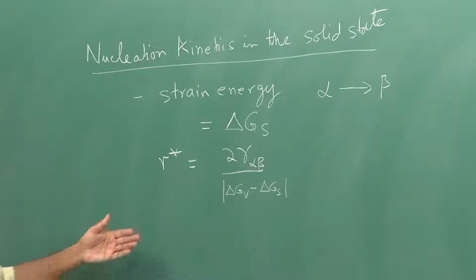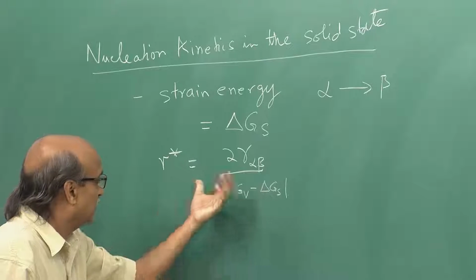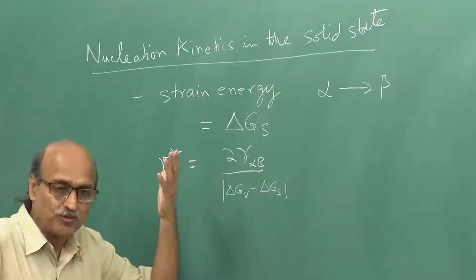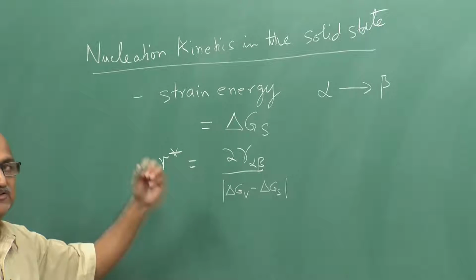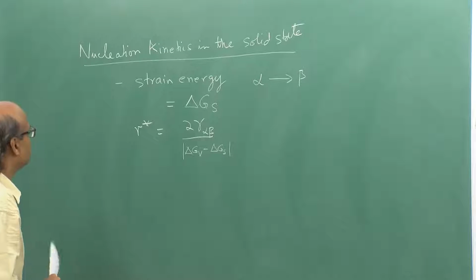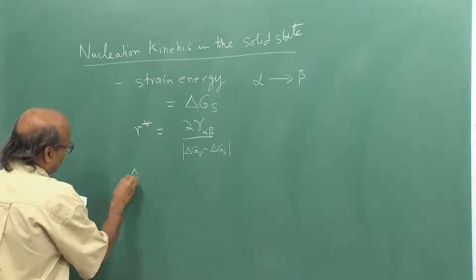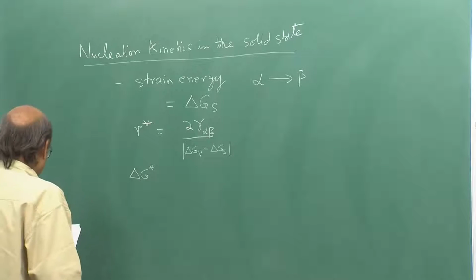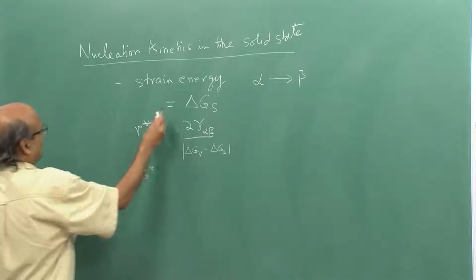So, here it is clear that the critical size when a strain energy term comes in would be larger than in the case where the strain energy is negligible or 0. And what happens to delta G star? We are here just looking at the homogeneous case.